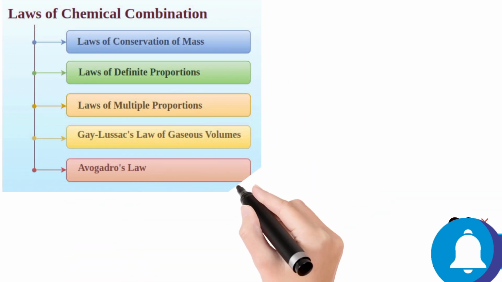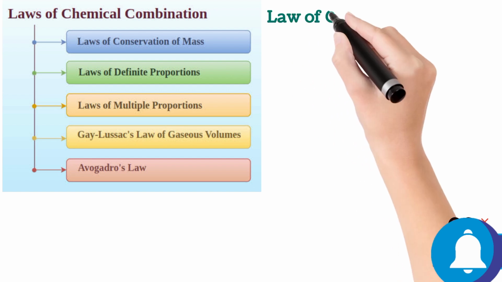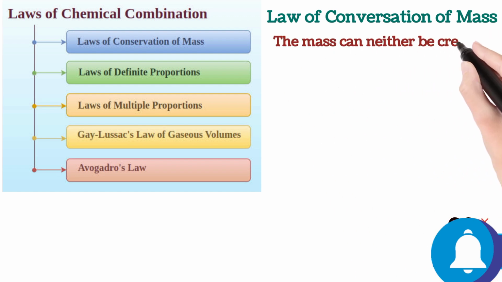So we have 1, law of conservation of mass, law of definite proportion, law of multiple proportions, Gay-Lussac's law of combining volumes, and then Avogadro's law. So these are the 5 laws that are used in governing any chemical reaction. We are now going to look at 2 of these rules in this video, starting with the law of conservation of mass.